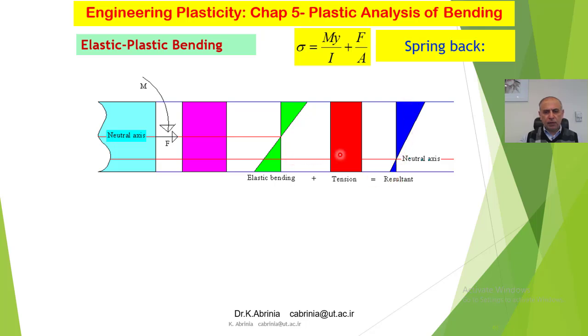If this tensile stress has a bigger magnitude than this, I mean if it is large enough, then we could move this neutral axis outside the plane of loading, and we will have only tensile stresses.